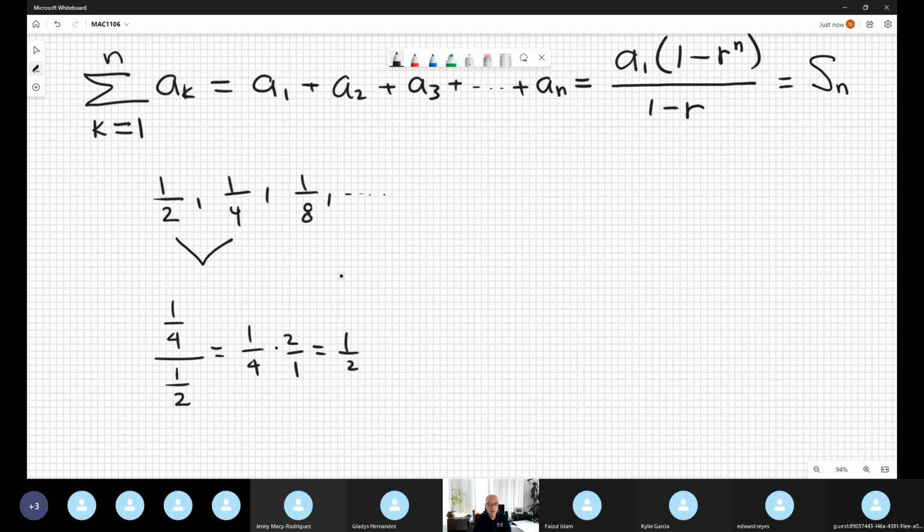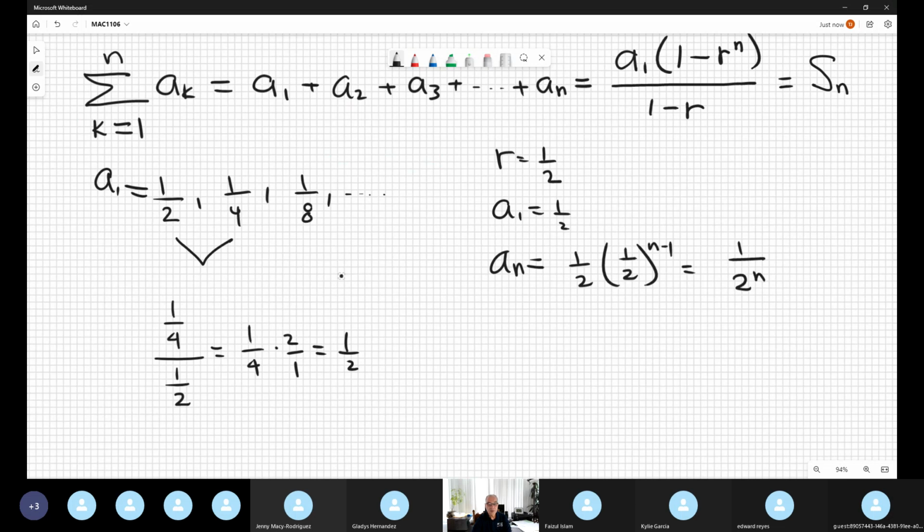The common ratio is 1/2. And by the way, the first guy is also 1/2. Look, this is A1. Now A sub n is 1/2 times 1/2 to the n minus 1 que I did before, que is 1/2 to the n. So basically, the thing that we are doing is summation from k equal 1 to m of this particular, que is 1/2 to the n, and specific.